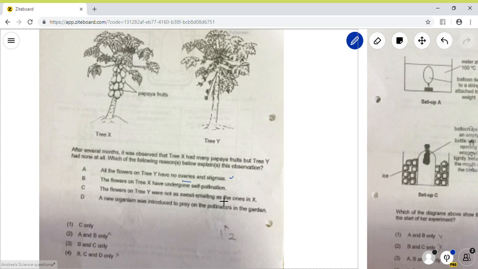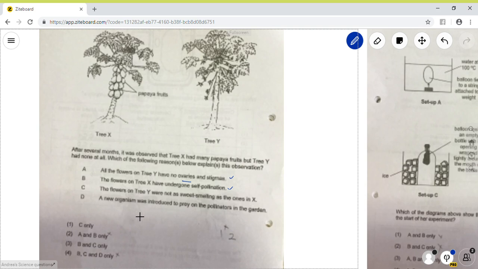So this one is the male flowers, all male flowers. Egg cells have undergone pollination, and after pollination you get the fruits. Next one: the flowers on tree Y were not as sweet smelling as the ones on tree X. So no pollination.